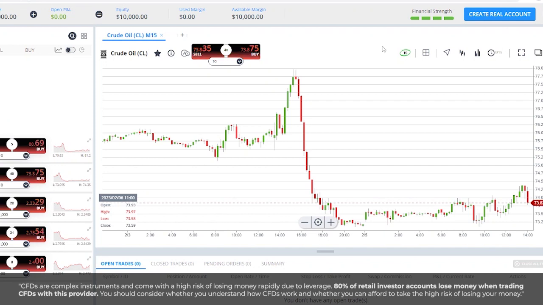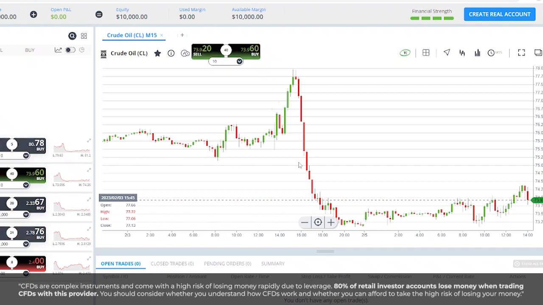The Japanese candlesticks chart shows two types of sticks, red and green ones. Red sticks represent the time frame when the price went down, and green ones represent the time frame when the price went up.